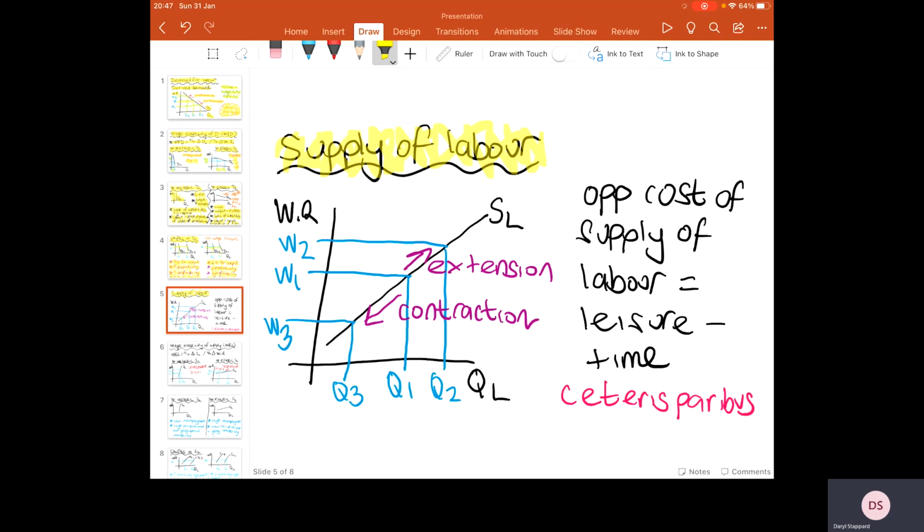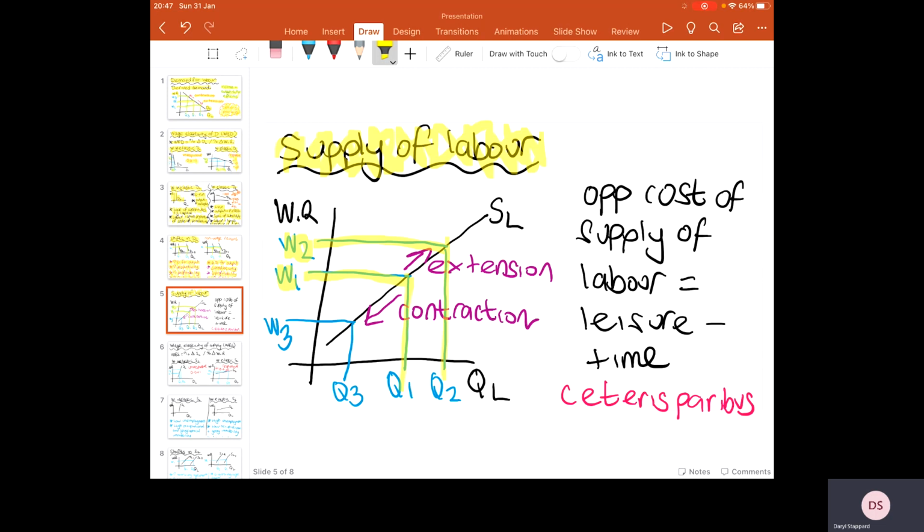So look at the diagram. If we start off at W1, Q1, then what this shows is that at wage rate 1, Q1 of us are willing and able to supply our labour. But as wage rates grow from W1 to W2, more of us will become willing and able to supply our labour. So we're going to get an extension in the supply of labour.